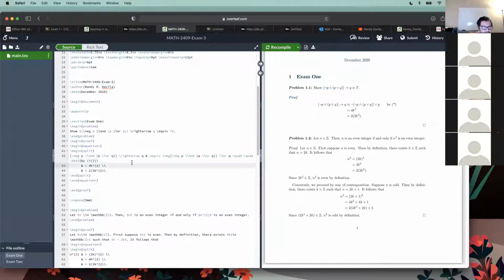So this is now an equivalence instead of an equation, and this is going to look kind of messy at first.